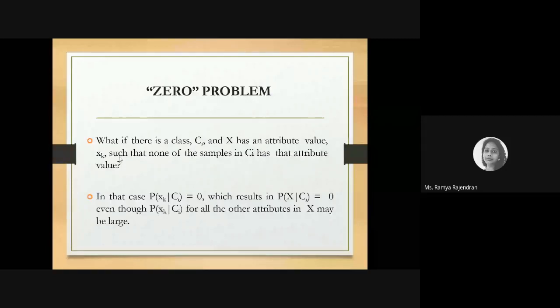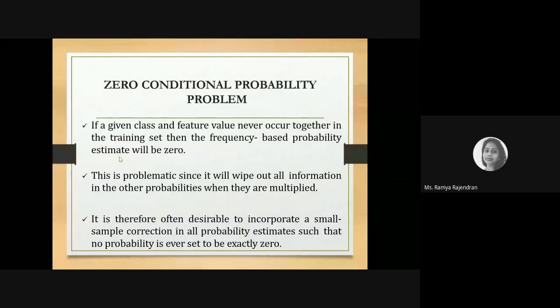To avoid that, we use a method called Laplacian correction or Laplace estimator, where you pretend that we have one more tuple for each of the values, so that you convert 0 to 1 and avoid a 0.